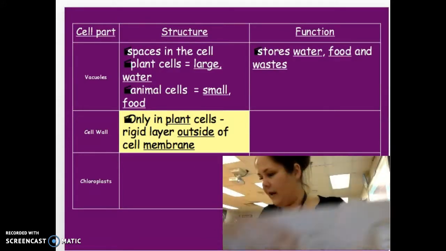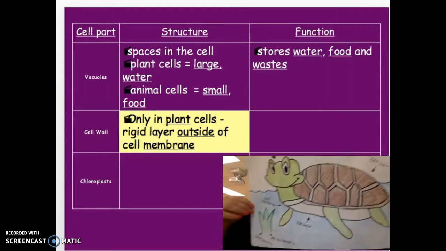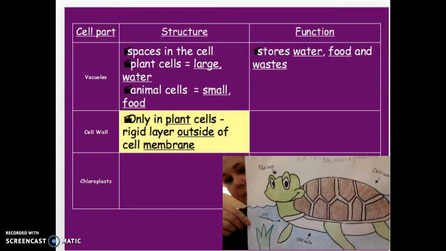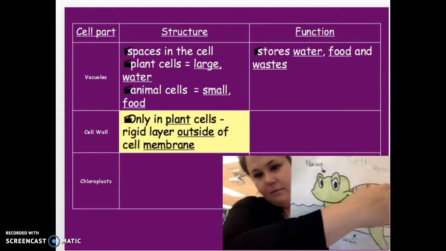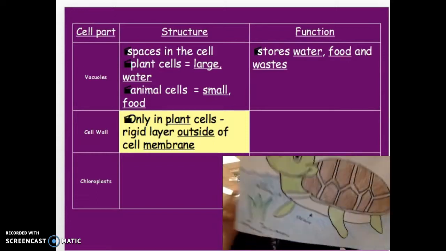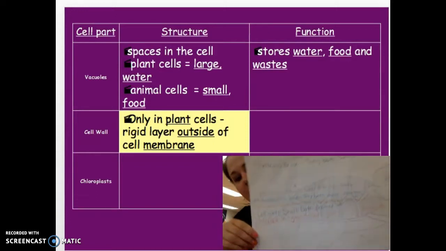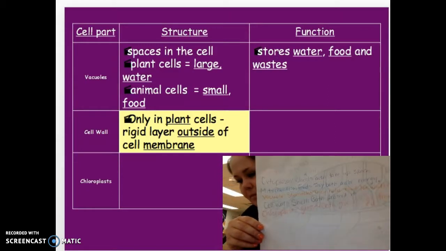Okay, and again, I'll have these out. So this student did a turtle, drew the analogy, but wrote the cell part. So drew a shell, going backwards here, but wrote cell wall. Okay, then on the back, again, complete sentences explaining. This is like this because they both do this.